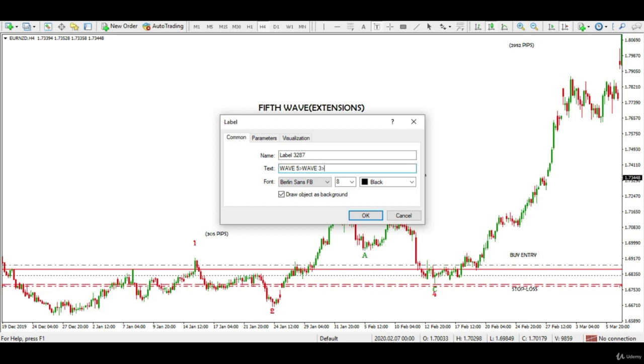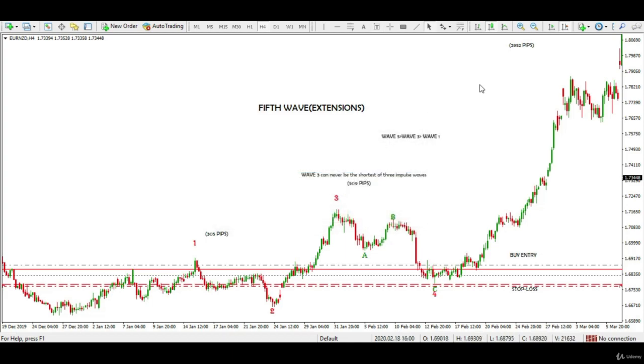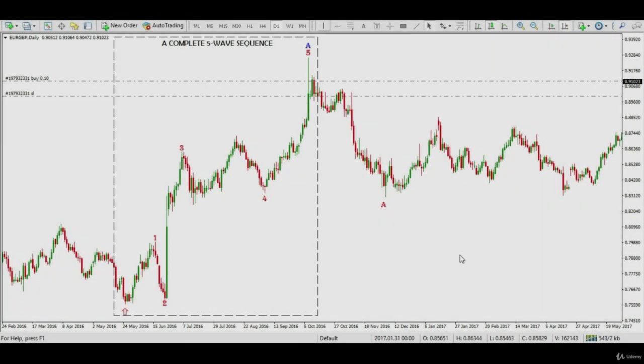Let's finally look at another example where we study what we have learned about wave 5 sequence so far in this section. Firstly, we understood how wave 1 in a new uptrend starts from a significant price low.